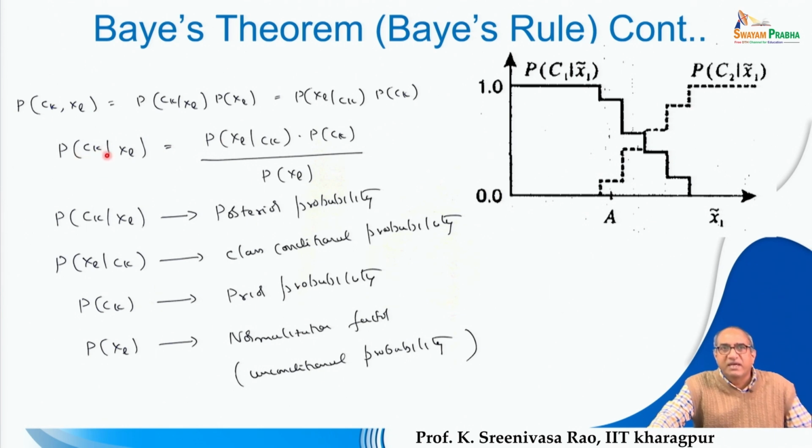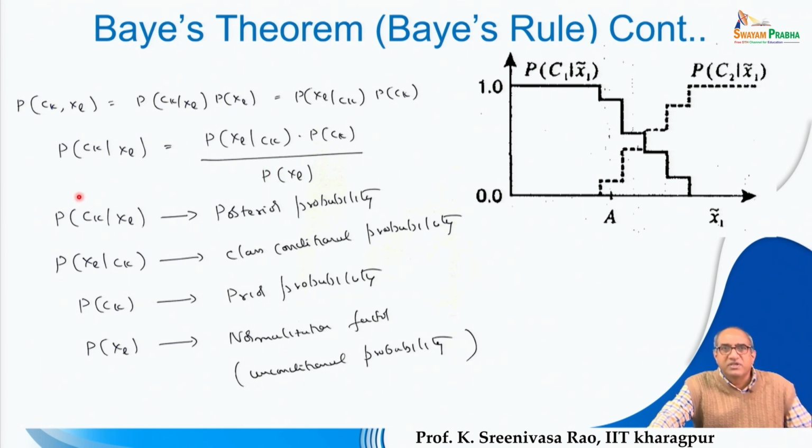So, probability of Ck given XL can be computed from these two expressions. Probability of Ck given XL is whatever is here divided by probability of XL, because these two are equal, being the joint probability. So, probability of Ck given XL equals probability of XL given Ck times probability of Ck, divided by probability of XL.